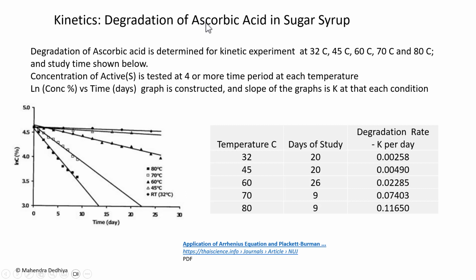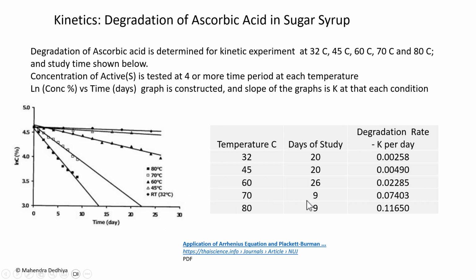Degradation of ascorbic acid in sugar syrup is shown here. Degradation is determined by kinetic experiments at different temperatures: 32 degrees, 45, 60, 70, and 80, exposed for very short duration. Based on the concentration, the slope of the curve is determined. Slope is negative, indicating degradation.